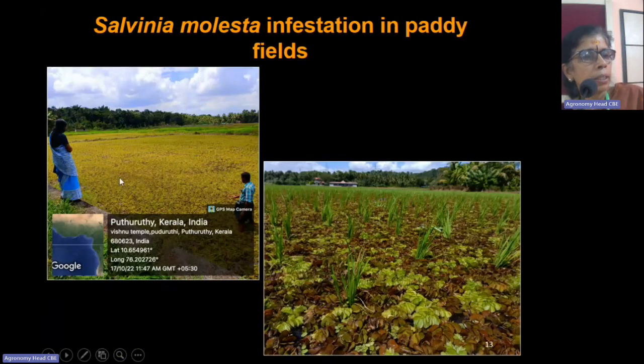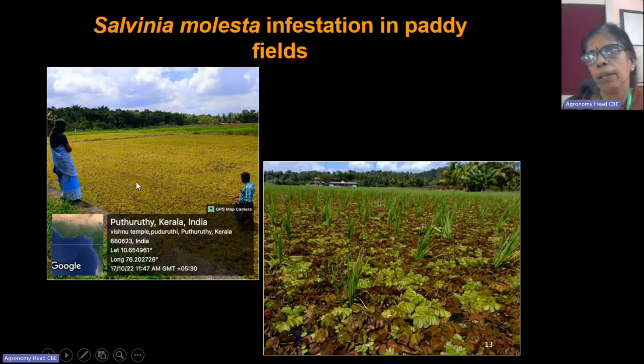This is the study area where we worked on the control of Salvinia in the rice system, because as we know, in aquatic systems no herbicides are recommended. Though 2,4-D has some label claim in aquatic use, it's not recommended, and no herbicides in India are registered for use in aquatic bodies. But when Salvinia is present in a rice ecosystem, we can use some of the herbicides for rice.